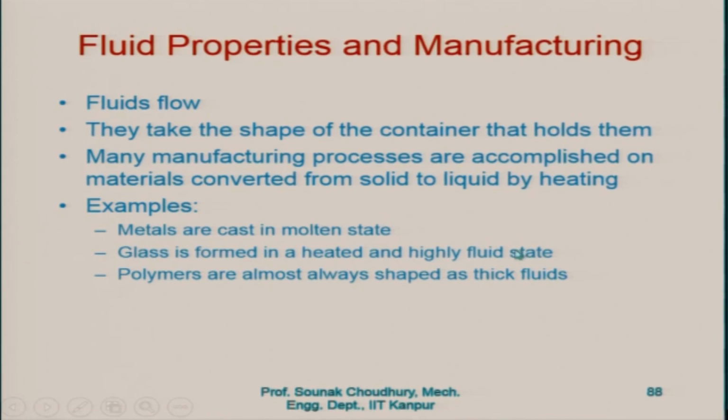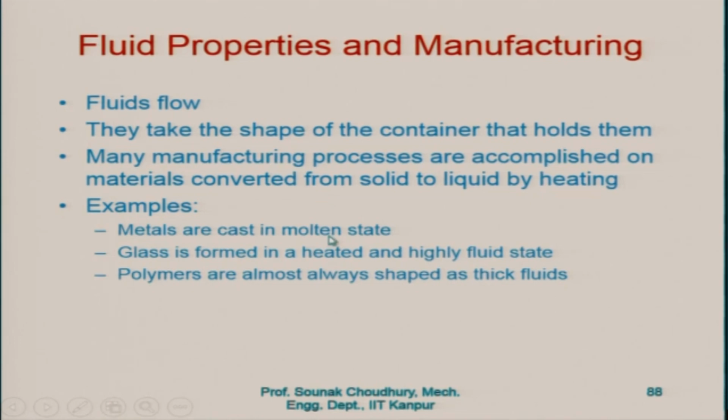Initially it is heated up, made into the molten state, and then put in different kinds of forms, so that glass works can be manufactured. Polymers, for example, are also almost always shaped as a thick fluid. There are some processes where polymers are used in the solid state.